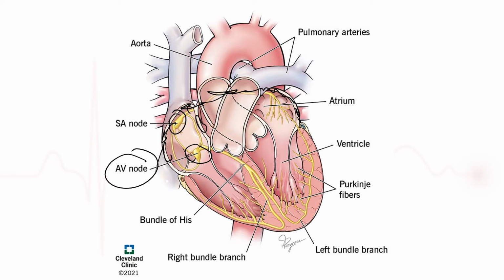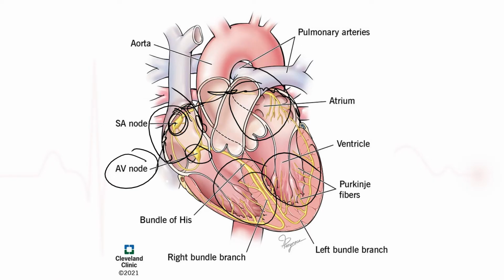The AV node is really the one location where atrial and ventricular fibers are attached to each other. So if you want this action potential that started in the SA node to move from these atrial fibers into these ventricular fibers, the only place that it can do that is by going through the AV node.